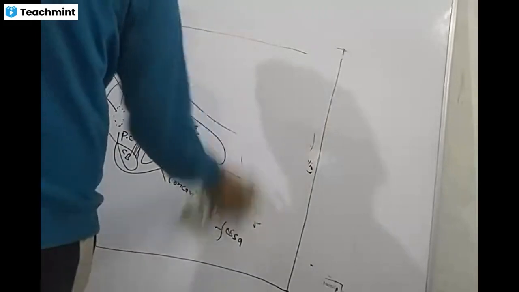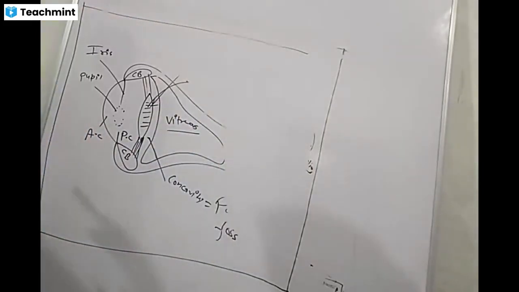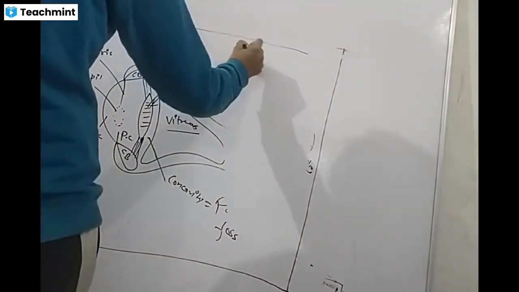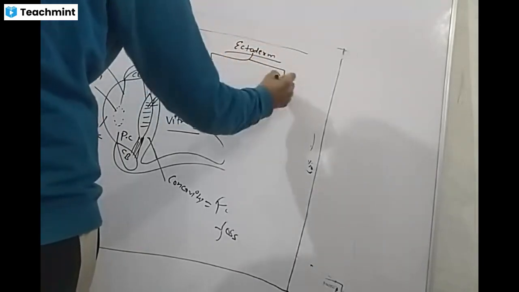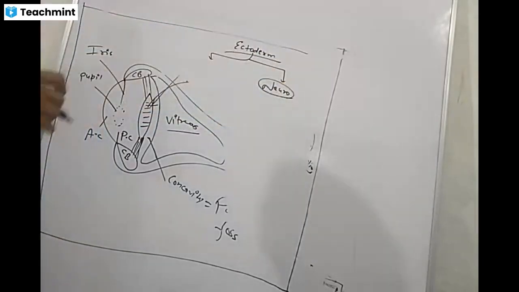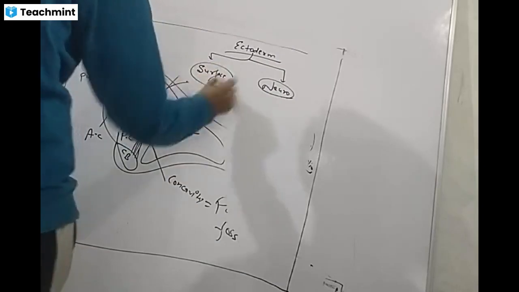In one PSC exam, they have asked regarding the embryology of the lens. The ectoderm consists of two parts. One is neuroectoderm, that is related with your nervous system, and one is surface ectoderm.